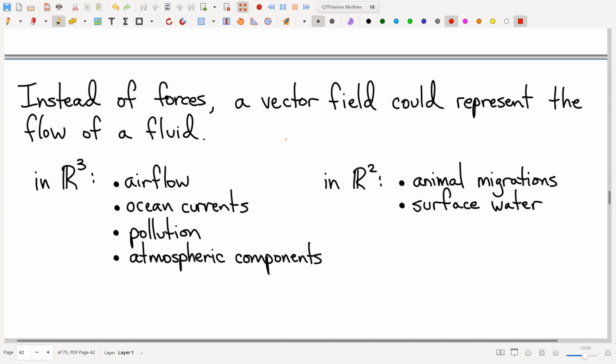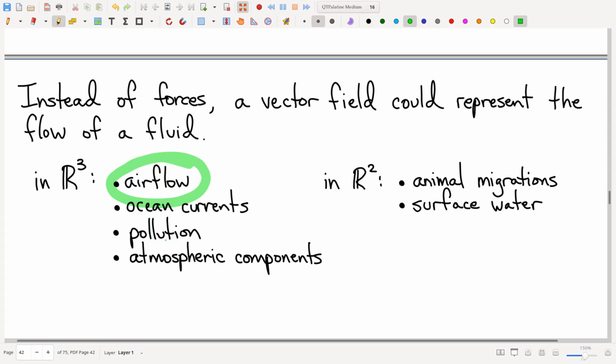Right? So in 2 dimensions, we can talk about airflow. Anytime there's a hurricane, you can go to the storm tracker apps, and they have little pictures that show the arrows, representing what the wind direction and wind velocity is at wherever you might be looking on the map. They're literally drawing a vector field representing airflows.